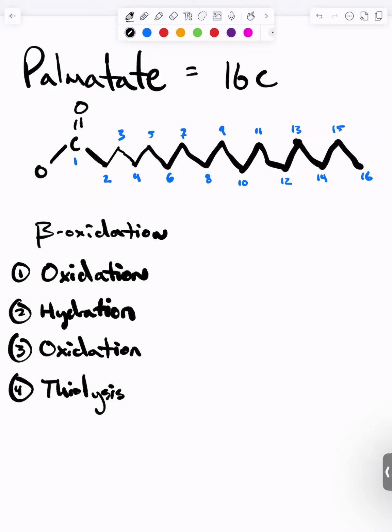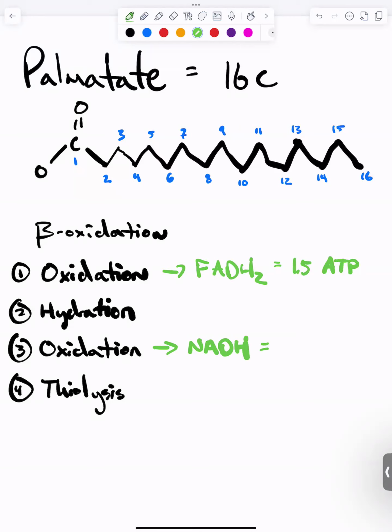Each time we do it, we get out an FADH2 from this step and an NADH from this step. And if we want to convert those, this is 1.5 ATPs, and this equals 2.5 ATPs.